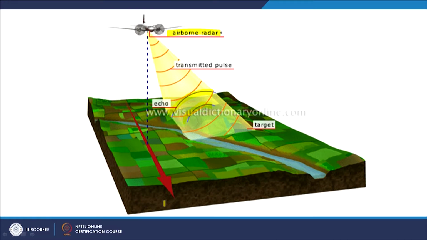By using this delay in the time of reaching of these signals, we can identify different objects on the surface of the earth.